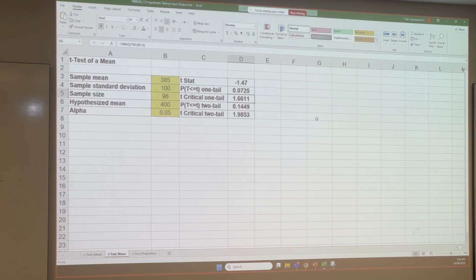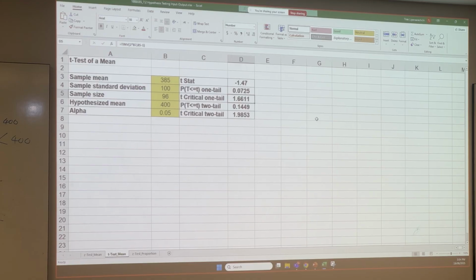Okay, so if you use this one, mu equals 400, the other one is HA, mu is less than 400. If that is the case, this is your left hand side, right? Less than means left hand side, so you use minus 1.661.